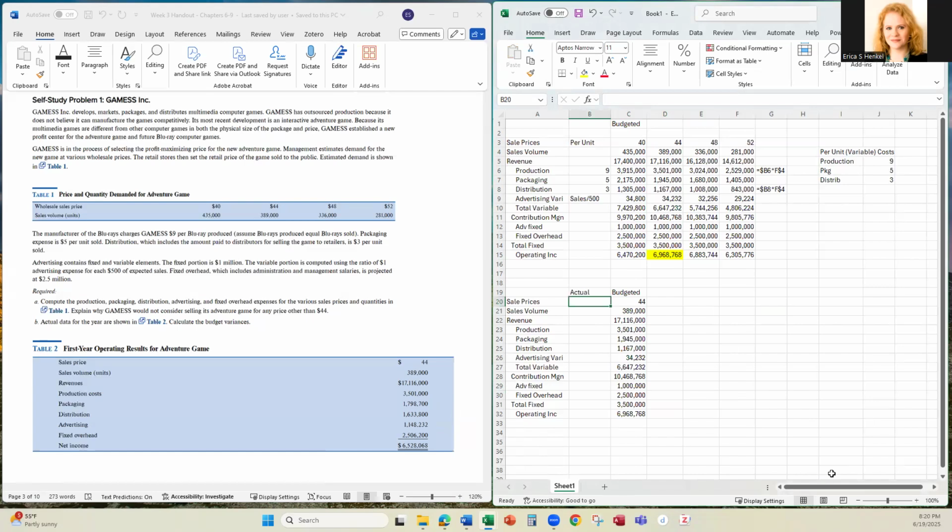All right, and then in terms of actual, all right, so production. Now, the variable advertising, if we say that the advertising was $1 million, then that would mean that the advertising variable portion was 148,232.